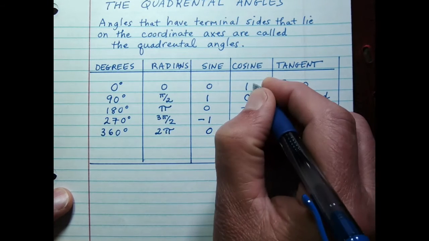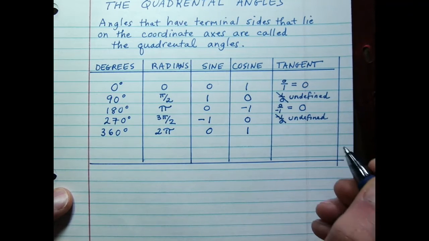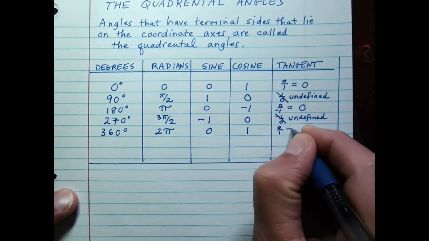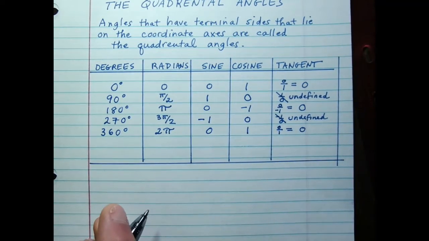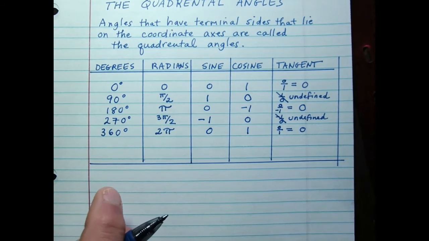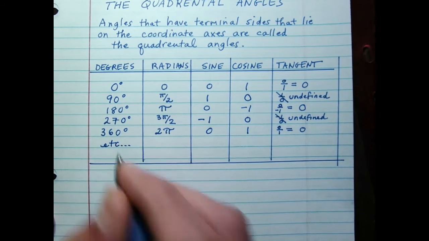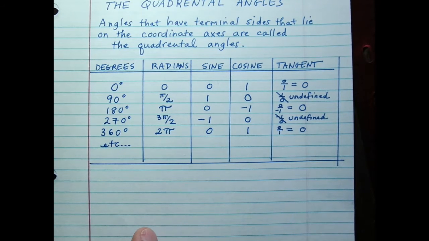Cosine of 360 is the same as cosine 0, which is 1. The tangent is going to be 0 over 1, which is 0, perfectly well defined. And so on, we can keep going around and around. There are also negative quadrantal angles.